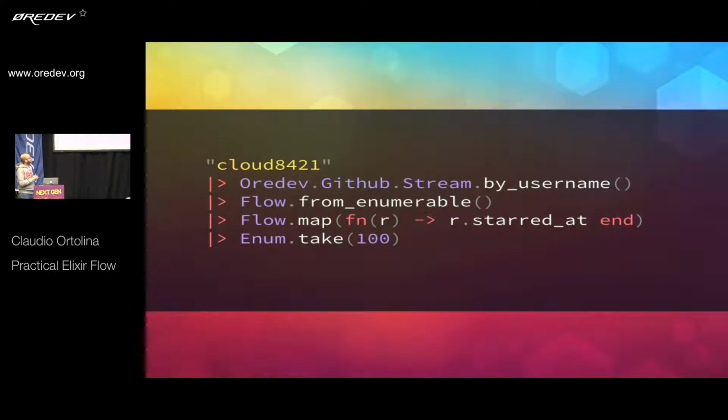But in our case, it just means that whether it's a list or a map or a stream, they're all enumerable. So we lay down a pipeline from this specific enumerable object. Then we say, what are you going to do in this pipeline? Well, we're going to map over each item and take out this date and return this date. And we're going to take 100 of them.